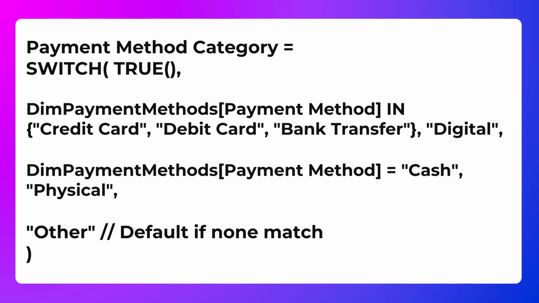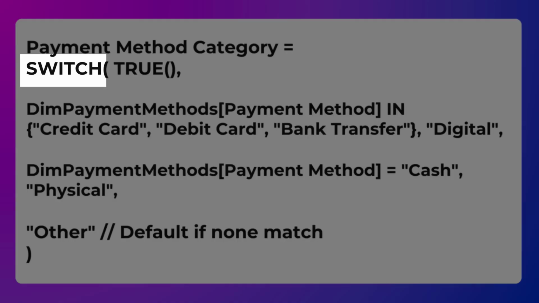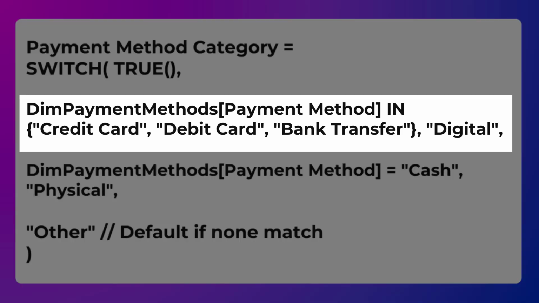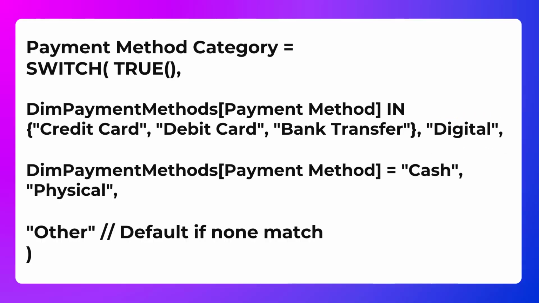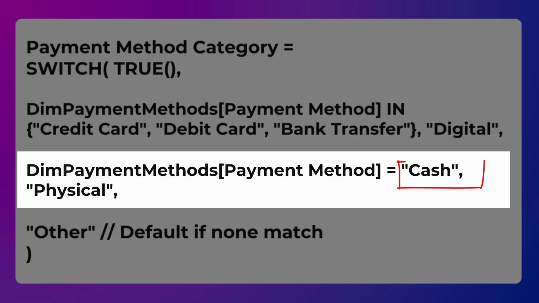Here we have the switch function, which is primarily used for conditional logic. The first condition checks if the value of the payment method is in the set credit card, debit card, or bank transfer. If any of these are true, switch returns digital, suggesting that these payment methods are considered digital forms of payment. The next condition checks if the payment method equals cash.